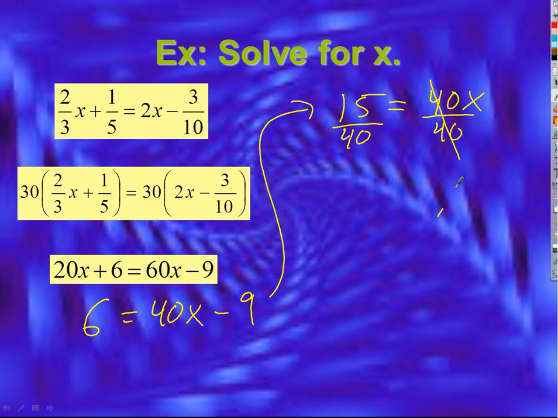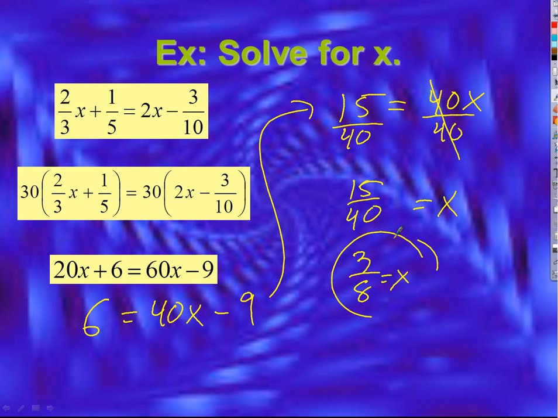So that cancels, and we get x equals 15/40, which reduces. What's the biggest number that divides into both 15 and 40? 5 does, good. So 5 goes into 15 3 times, into 40 8 times, and there's our answer. Okay? Make sense?